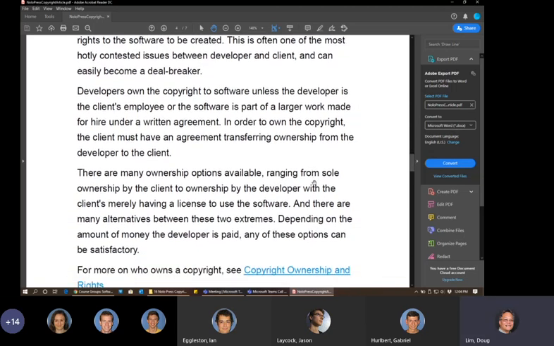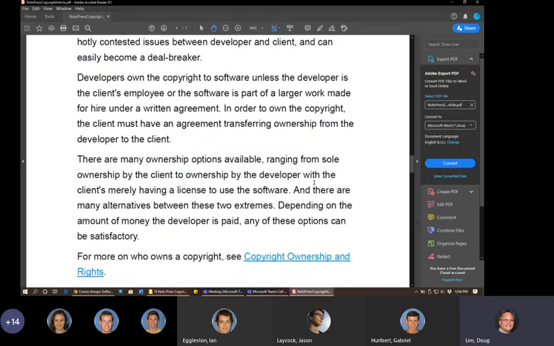In general, the developers own the copyright to software unless the developer is the client's employee or the software is part of a larger work made for hire under a written agreement. In order to own the copyright, the client must have an agreement transferring ownership from the developer to the client. So there has to be something specifically in mind.